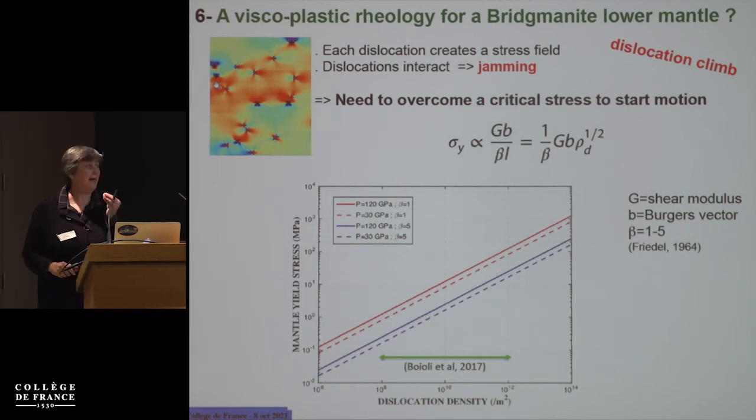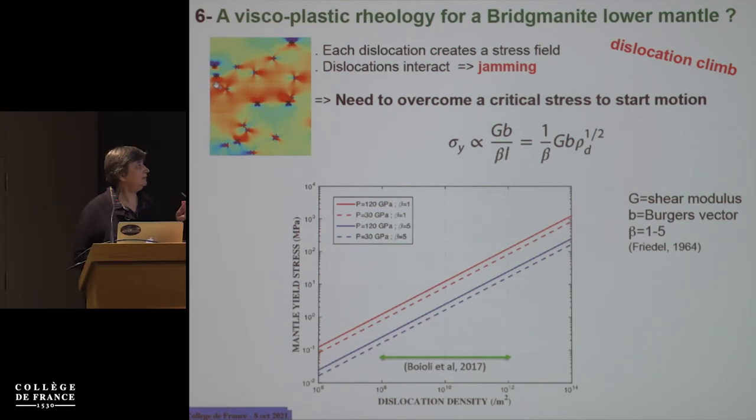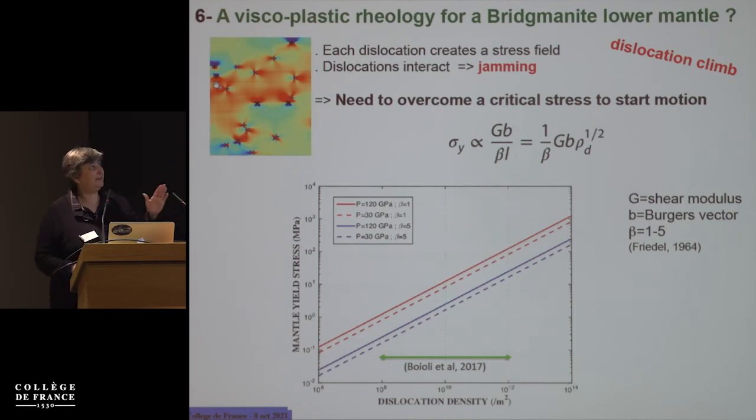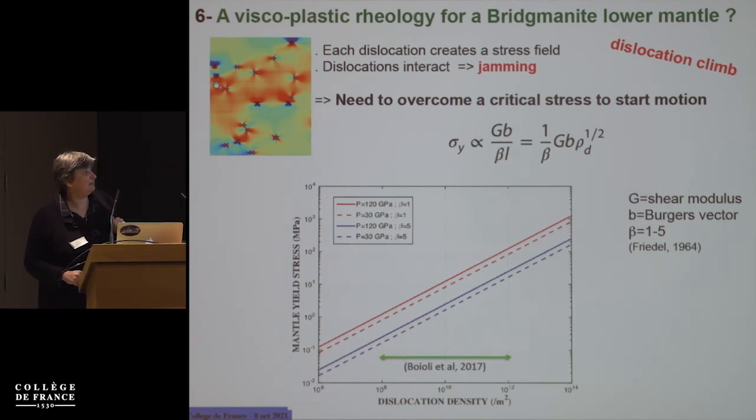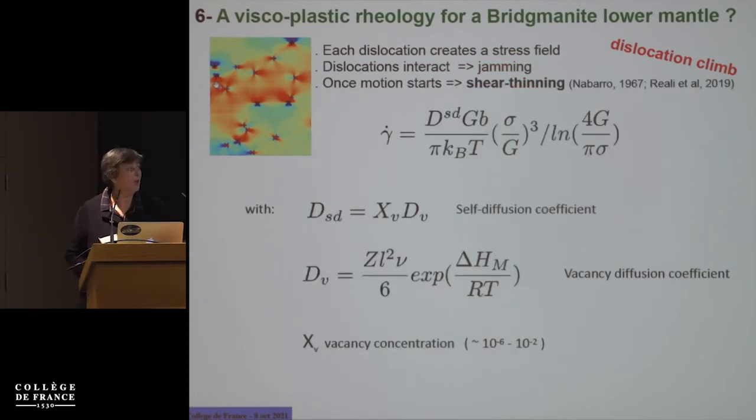So in fact, if the lower mantle is bridgmanite and it's deforming by dislocation climb, we can have a yield stress.